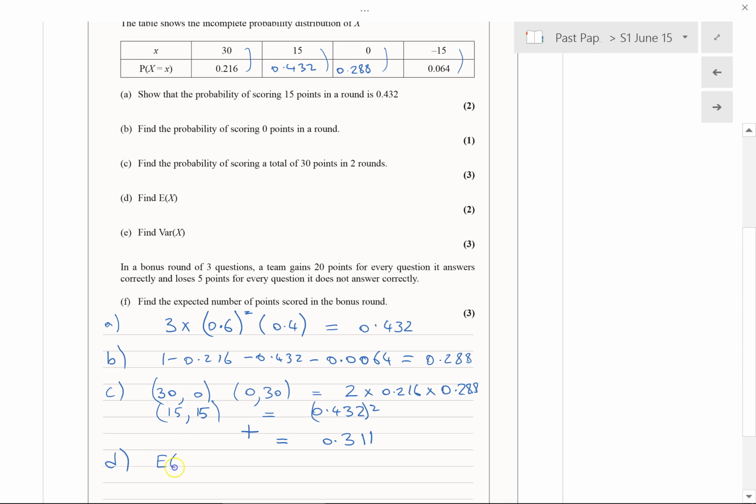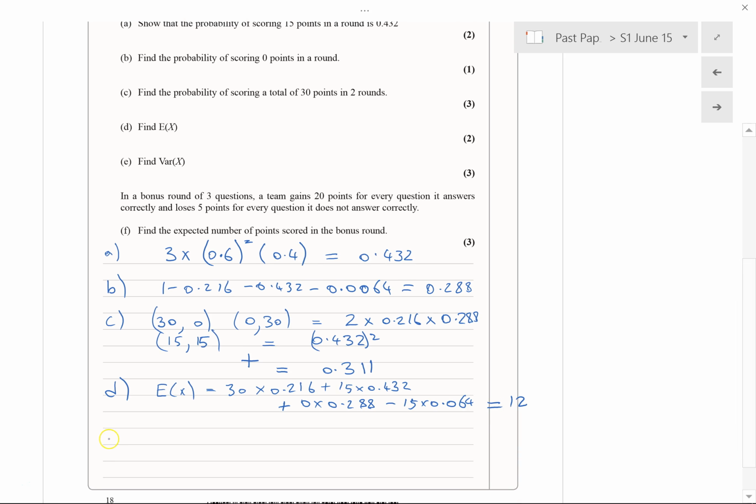So E(X) is equal to 30 times 0.216 plus 15 times 0.432 plus 0 times 0.288 minus 15 times 0.064. Okay, and that comes to 12.